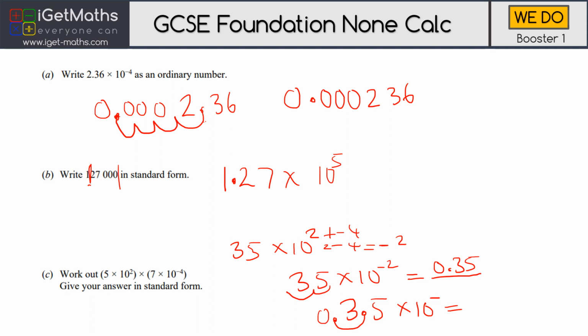So our final answer to get 0.35 is just going to be 3.5 times 10 to the minus 1. And that's it.